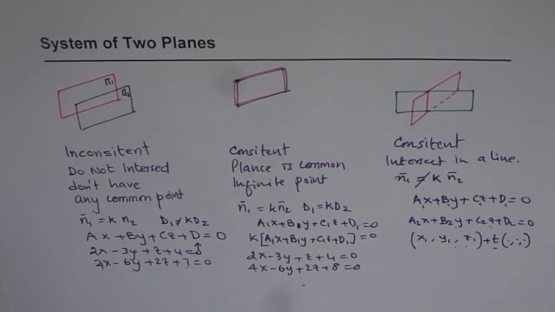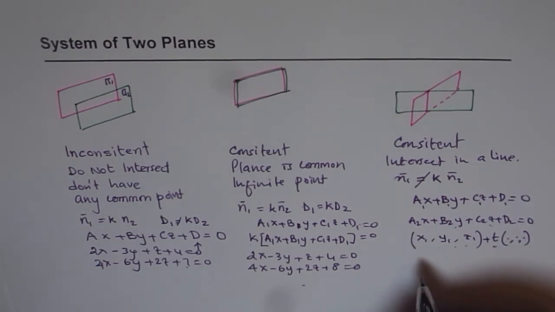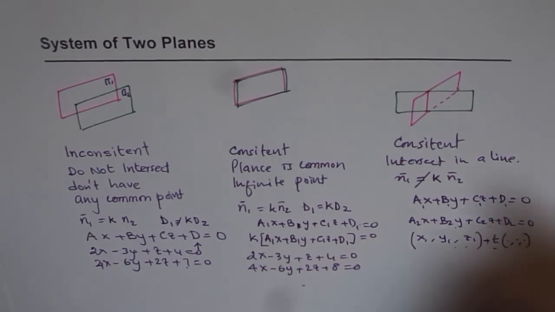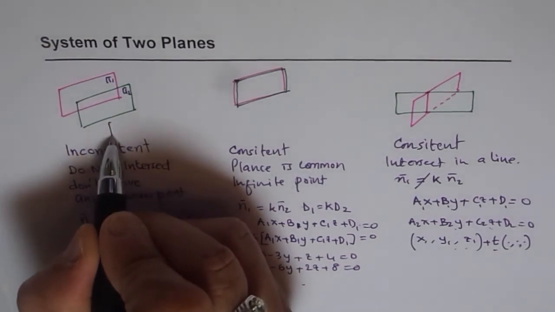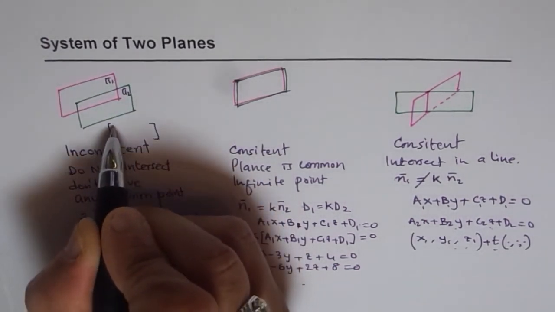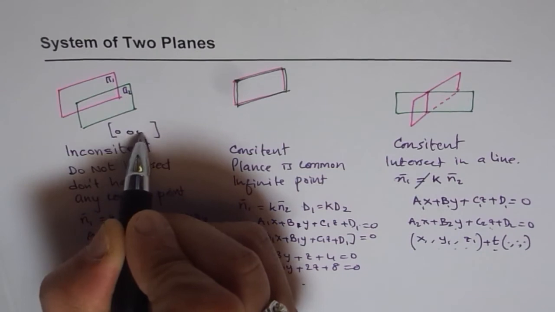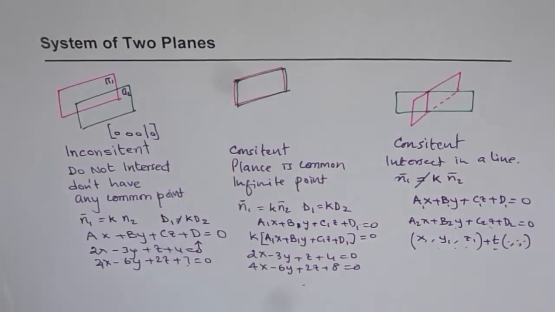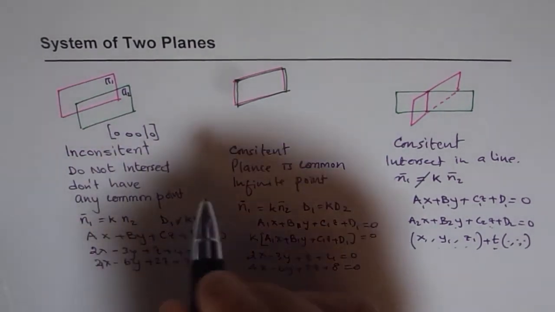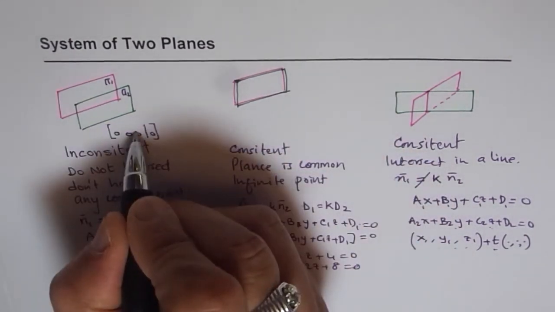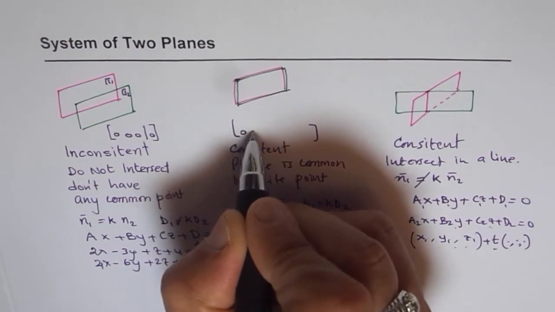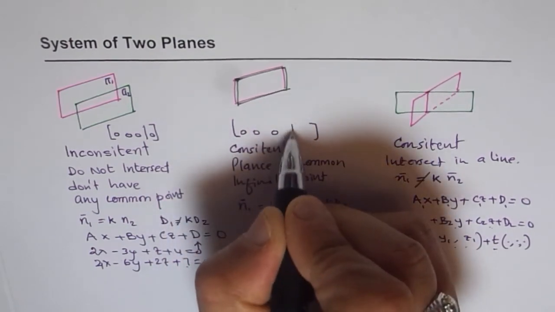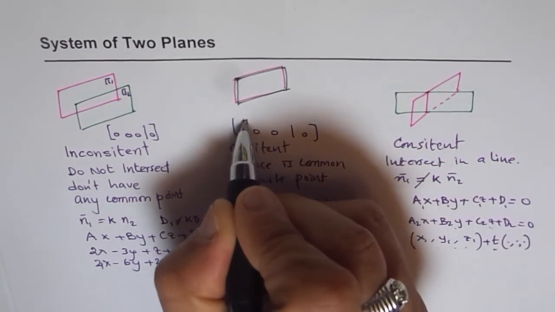That is kind of important to understand. And the second part is, if you are using the matrix method, how will the matrix look in these two cases? In the consistent case, the matrix will have 0, 0, 0 equals 0, right? If we have a solution, then the last column will be 0, 0, 0, 0, and here we may have some numbers.